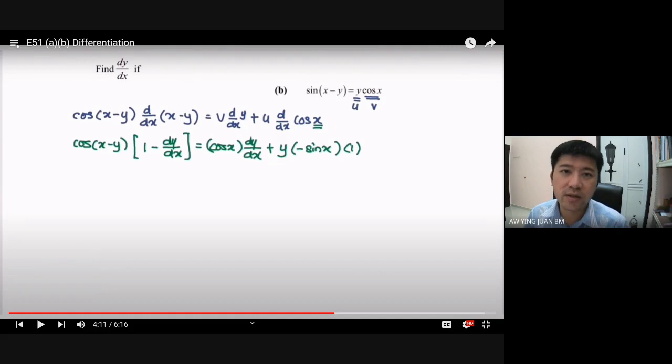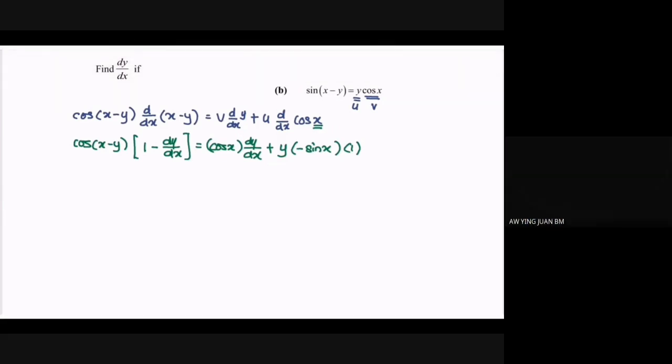Termasuk implicit differentiation. We write the situation. So cos bracket x minus y, 1 minus dy dx equals to cos x dy dx minus y sin x. So kindly rearrange so that dy dx become the subject.